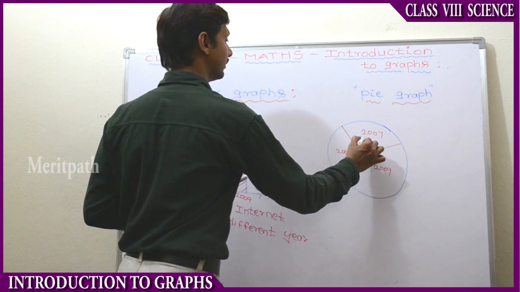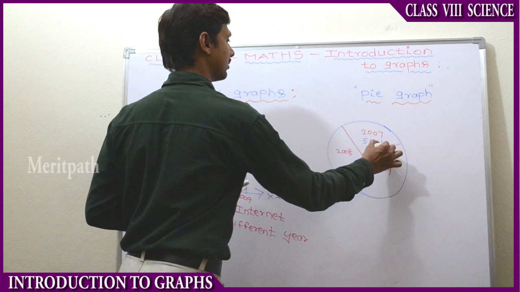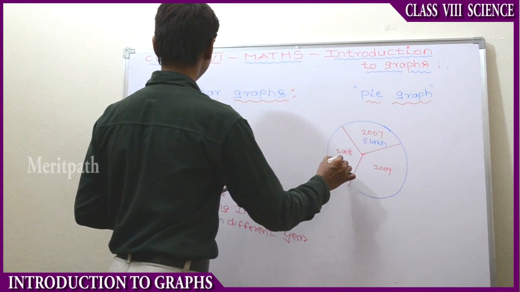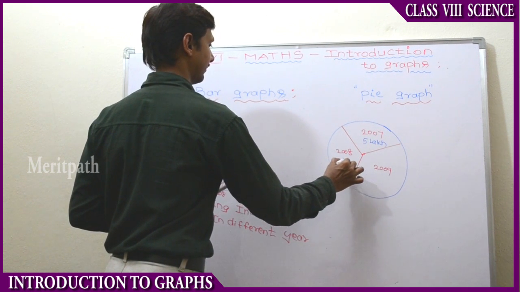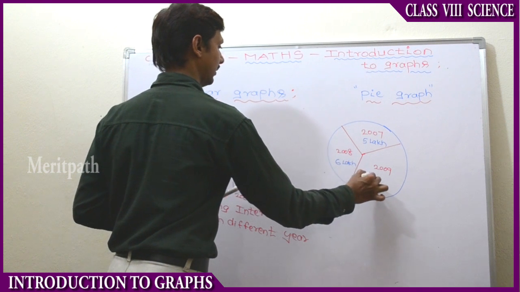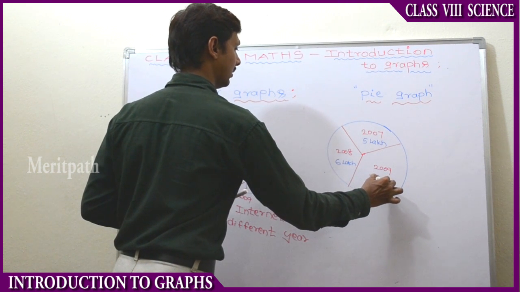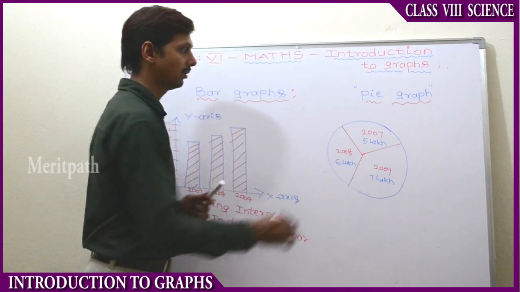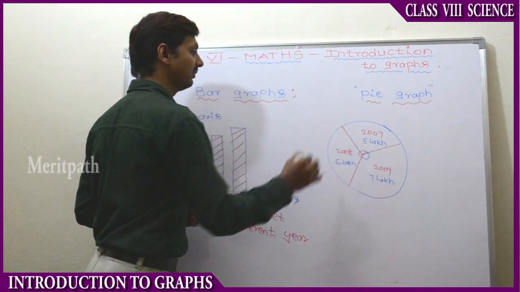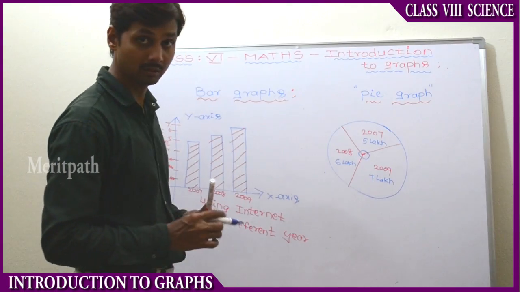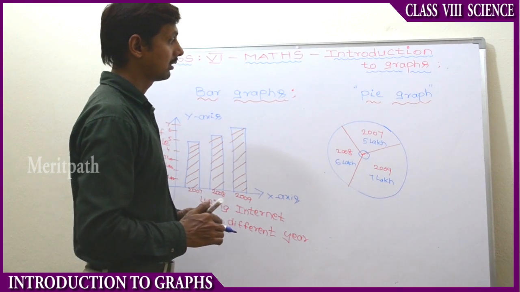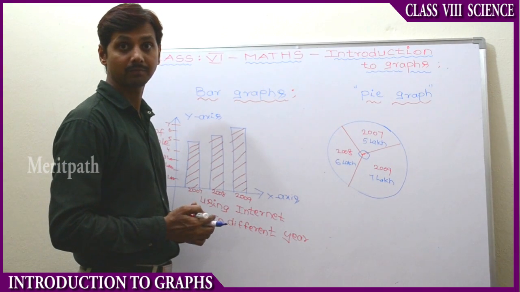It is 5 lakhs, and here this is 6 lakhs, and 7 lakhs of people are using. So different sectors are formed in a circle. So it's called a pie graph.